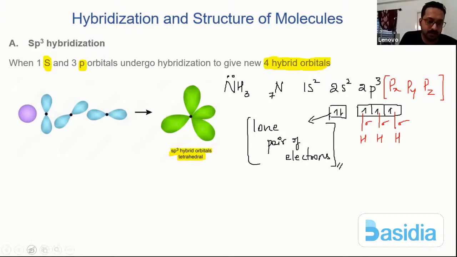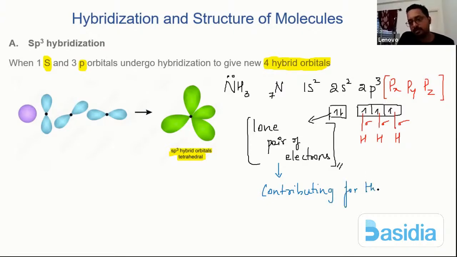If we go back to our valence shell electron pair repulsion theory, or VSEPR theory, the lone pair of electrons are contributing to the stable structure, because a molecule will form a stable structure having least repulsions, correct? So the lone pair of electrons have repulsions, and because of that the whole molecule geometry changes and it gives a proper stable structure.